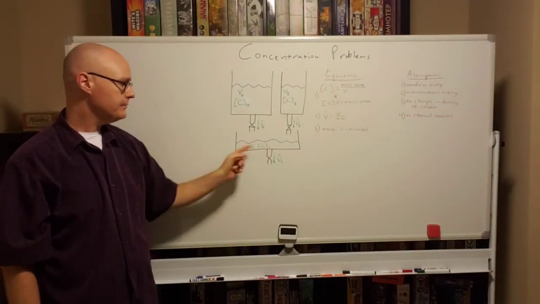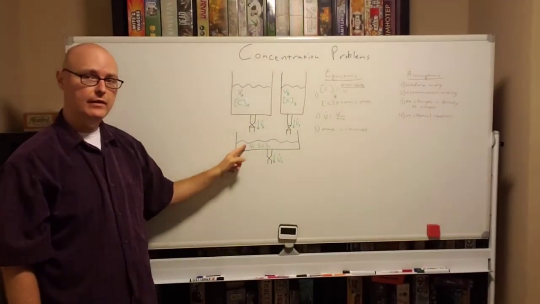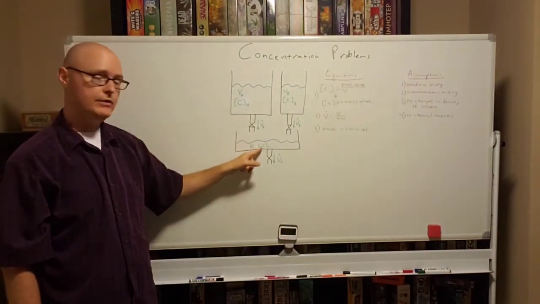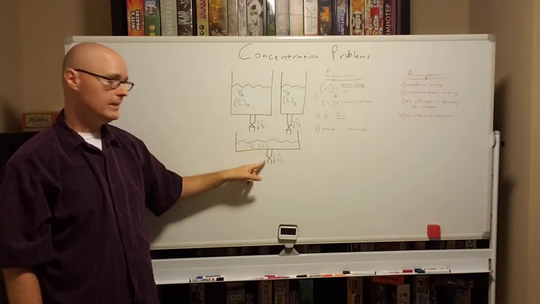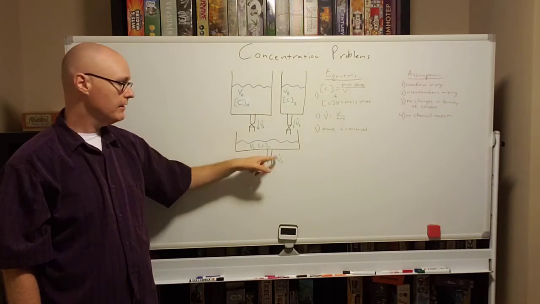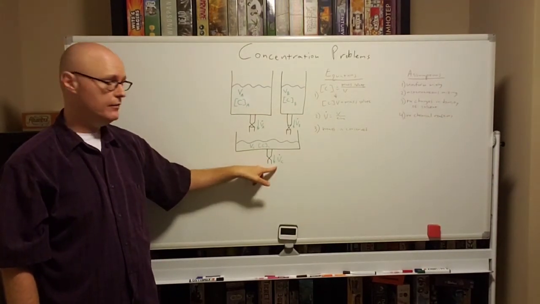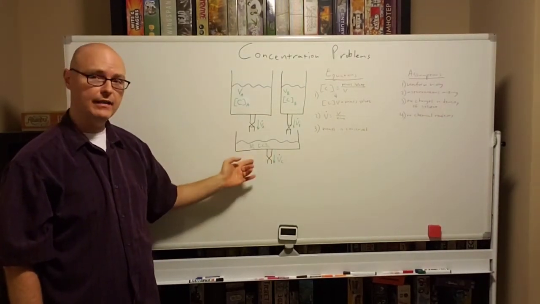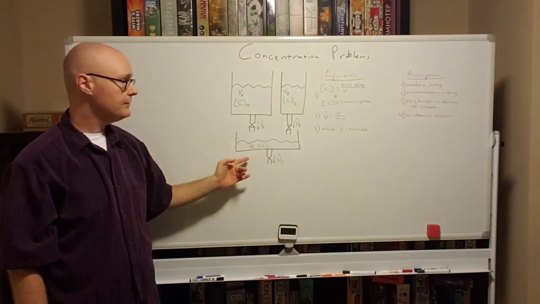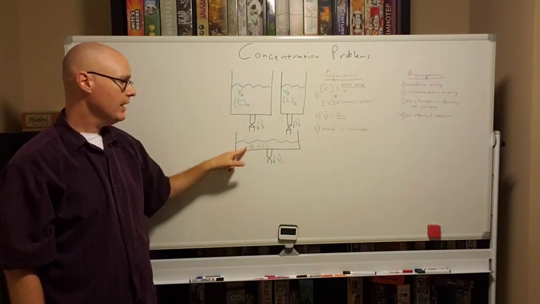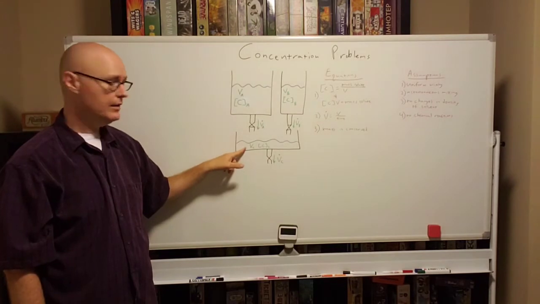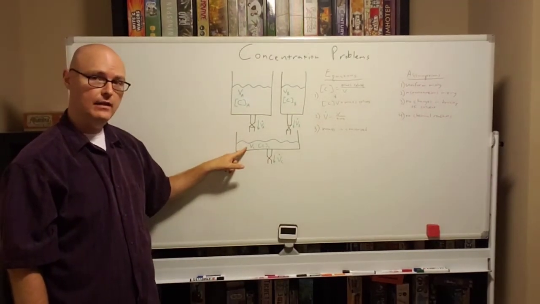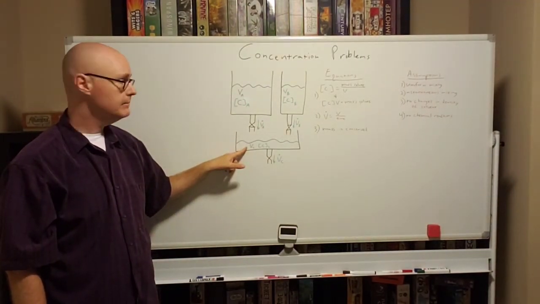This tank will have a volume and a concentration. It's also leaking, so some volume of liquid is leaving this tank. So we're going to attempt to solve what the concentration of this liquid is at equilibrium.